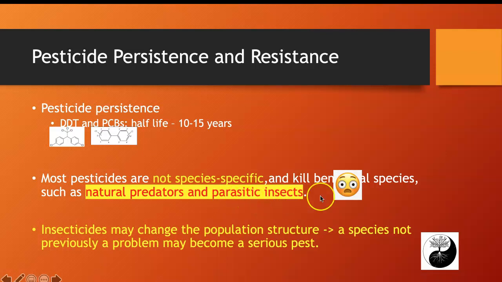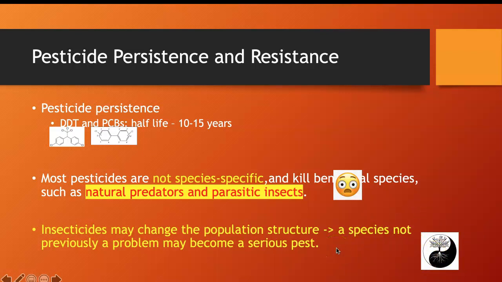That means they can kill beneficial species such as natural predators and parasitic insects. We'll have a practice on this. This is really fun. Insecticides may change the population structure. A species not previously a problem may become a serious pest. See, the balancing of the ecosystem is really important.